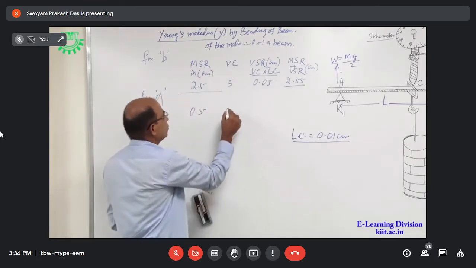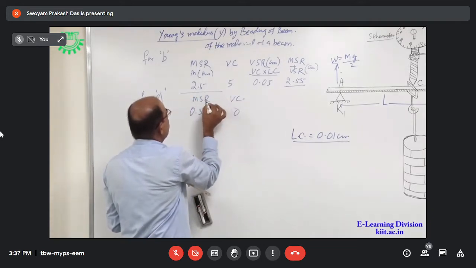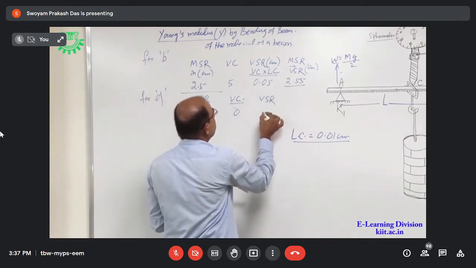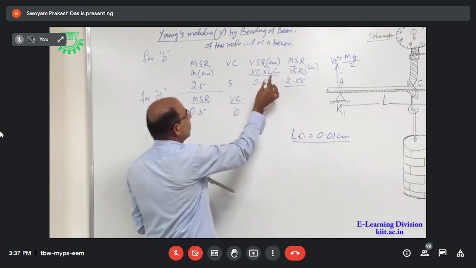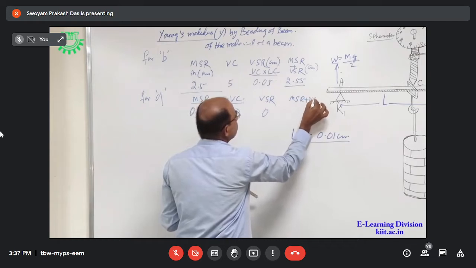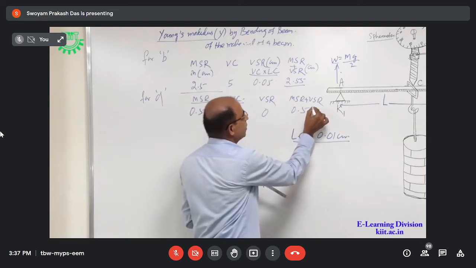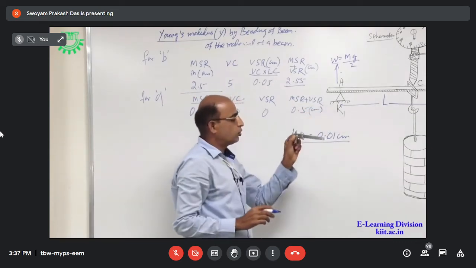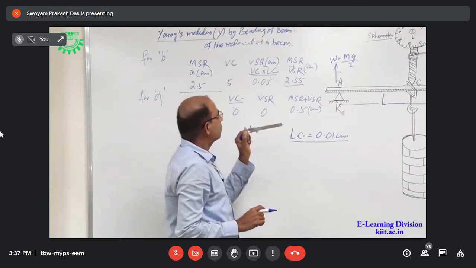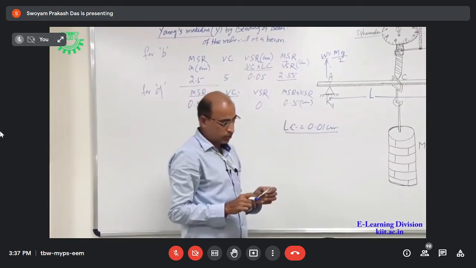So we can write VC 0 and MSR 0.5. So as a result, VSR becomes 0 because VC is 0 multiplied with LC gives 0, and MSR plus VSR becomes 0.5. So 0.5 centimeter is the thickness or depth of the beam, and breadth is 2.55 centimeter.